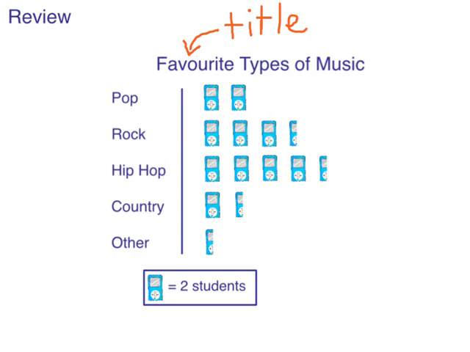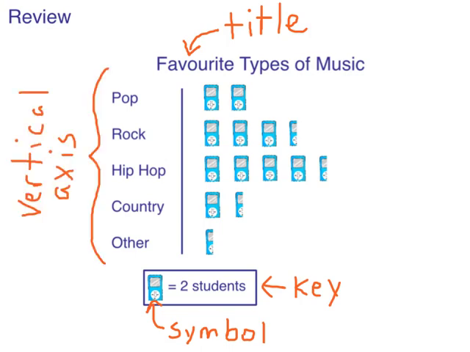And we put that picture in a legend and tell how many each picture represents. And finally, we have different types of data or information on the left-hand side going vertically. So we call this our vertical axis. So these are different parts of our pictograph.